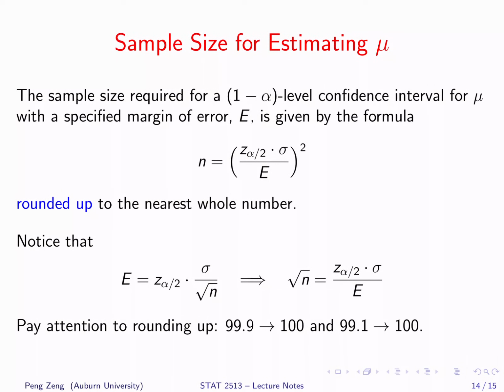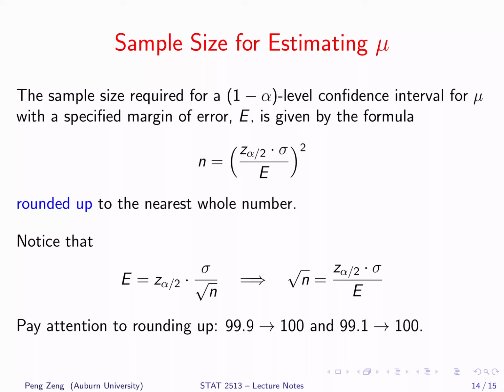Sometimes we may need to determine the sample size needed to achieve a given accuracy. The sample size required for a 1 minus alpha level confidence interval for mu with a specified margin of error is given by this formula. The needed sample size equals z alpha over 2 times sigma over E, squared.